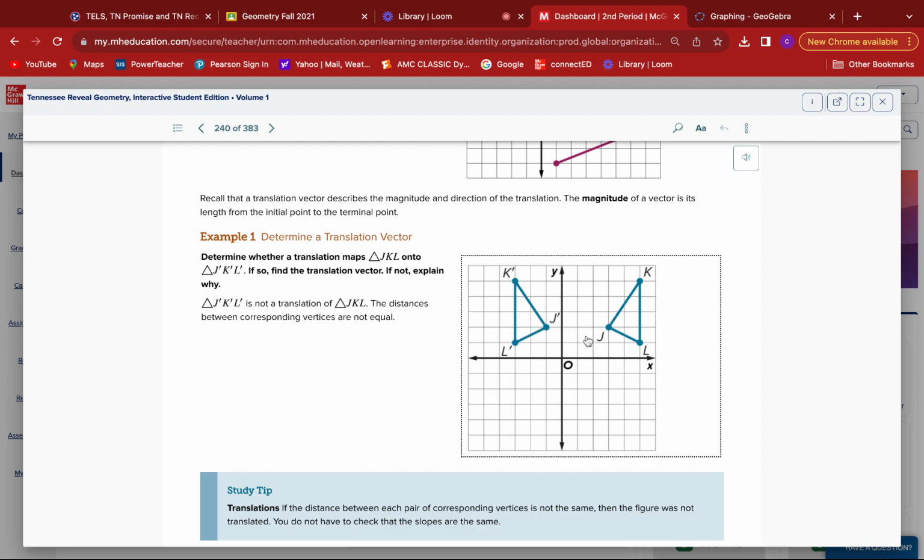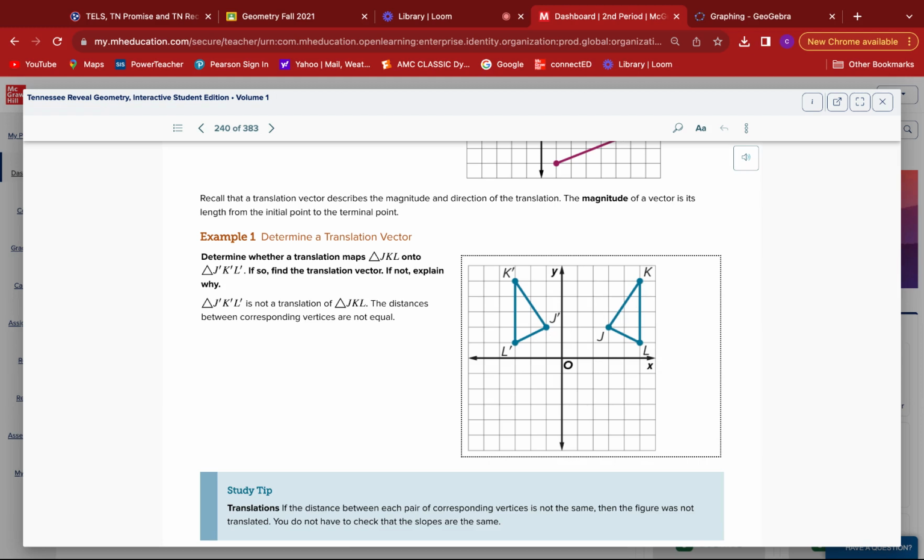They're wanting to know if this is going to be a translation vector. So basically what I'm going to do is pick one of the letters, does not matter which one, and you're going to see if it's the same throughout. So if I start at J and I want to go towards J prime, it looks like I'm going left 1, 2, 3, 4. And since I'm not going up or down anything, I'm just going left 4. Well, if that holds true for L to L prime and K to K prime, then it is a translation.